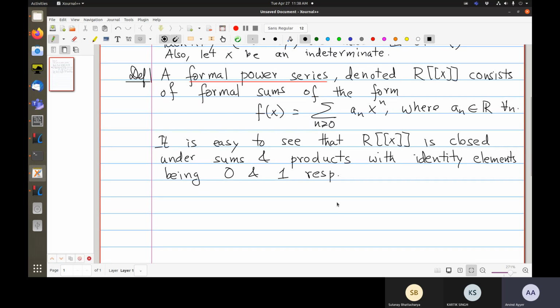Okay, so one can think of R double box X as a completion of the polynomial ring.